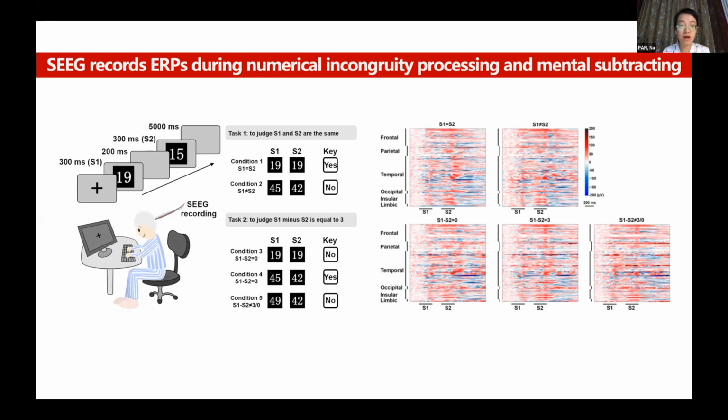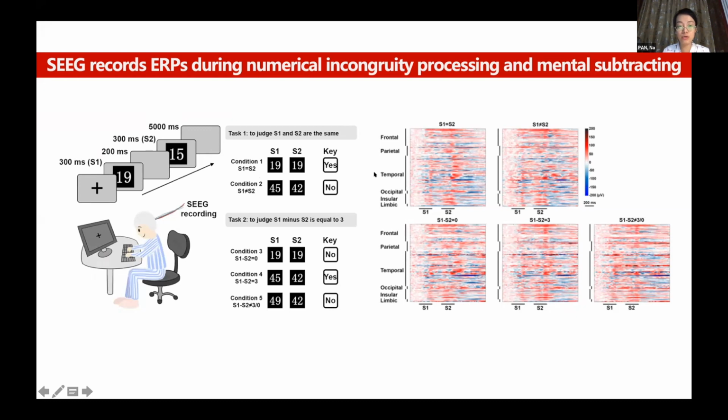The subjects are required to judge whether S1 and S2 are the same or different. There are 2 conditions. For condition 1, S1 is the same as S2, and the subject presses the keyboard to answer yes. For condition 2, S1 is different from S2.